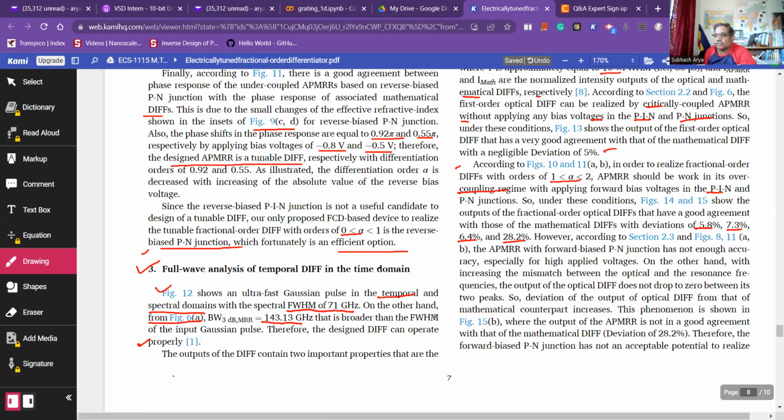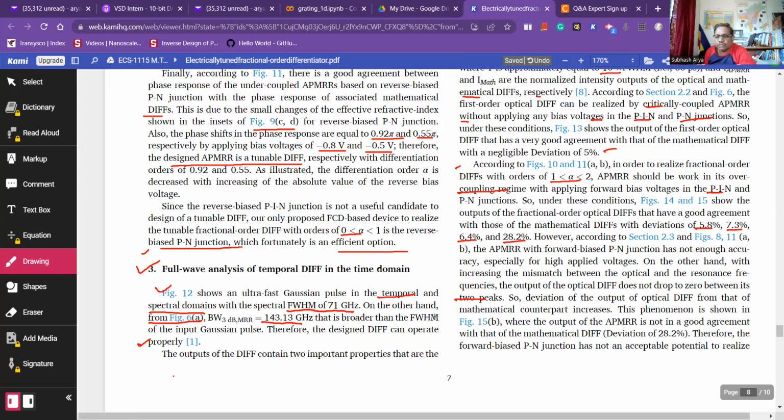However, according to section 2.3 and figure 8, 11 A, B, the APMRR with forward bias PN junction has not enough accuracy, especially for high applied voltages. On the other hand, with increasing the mismatch between the optical and the resonance frequency, the output of an optical differentiator does not drop to zero between its two peaks. So, deviation of the output of the optical differentiator from that of mathematical counterparts increases.